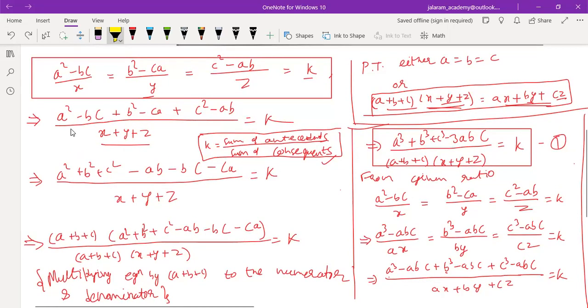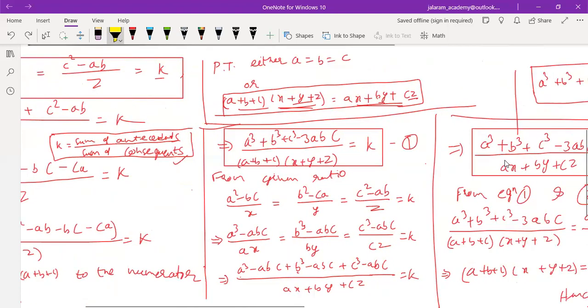Then we write them properly: (a² + b² + c² − ab − bc − ca)/(x + y + z) equals k. Now the next step depends on the formula which involves the term a² + b² + c² − ab − bc − ca. So think about that formula.